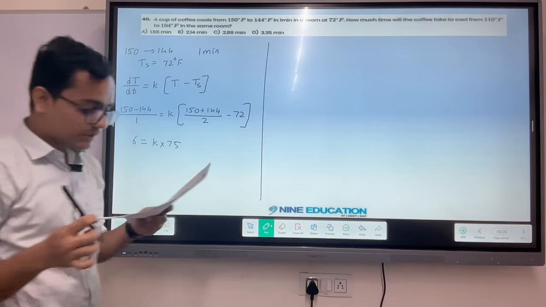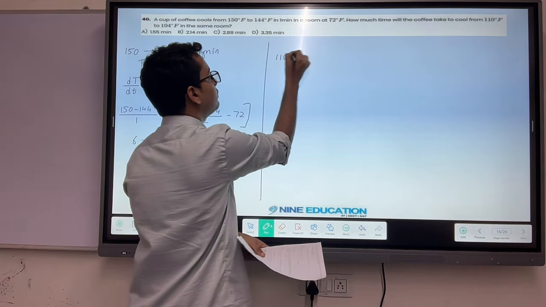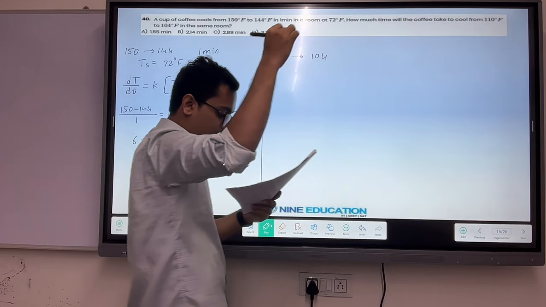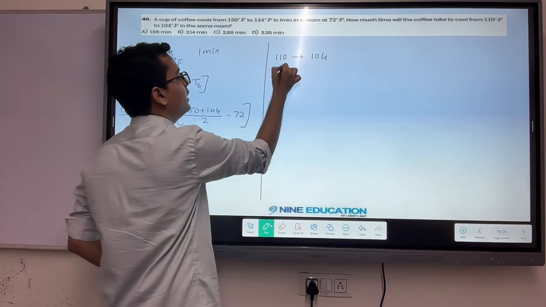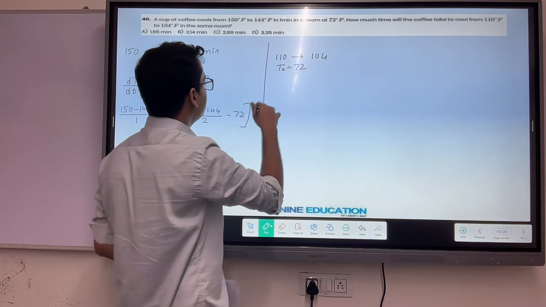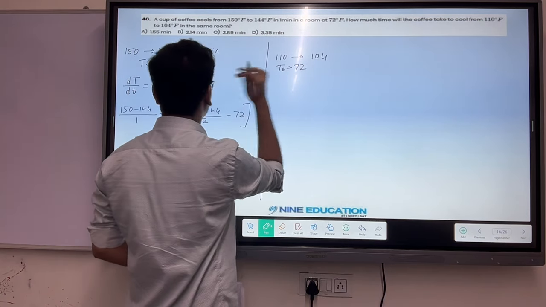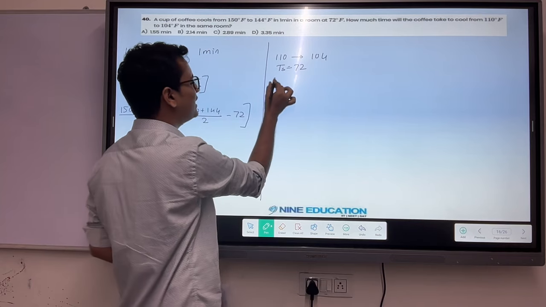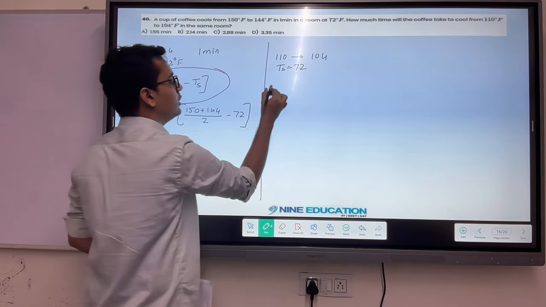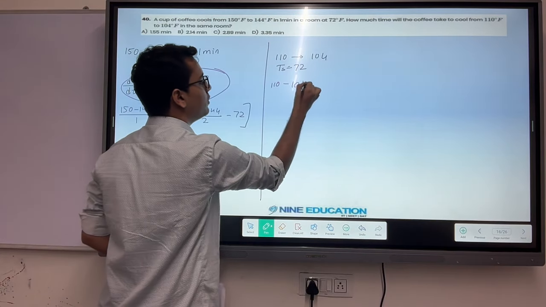What is asked? They asked you how much time it will take to go from 110 to 104 degree Fahrenheit in the same room. So again, clear? Same room means temperature of the surrounding is same. So I will do the exact same thing. I will substitute these values over here. So we have 110 minus 104.